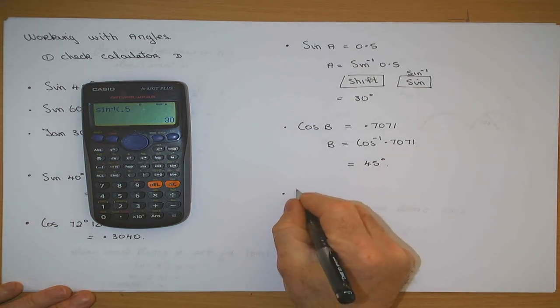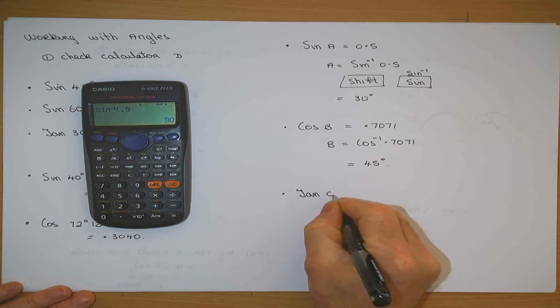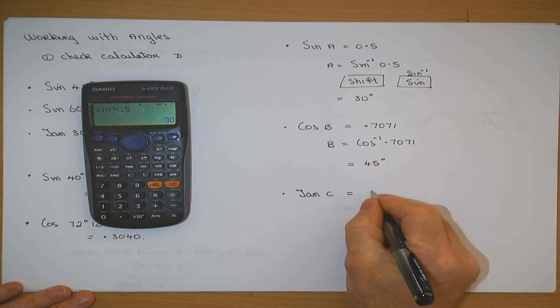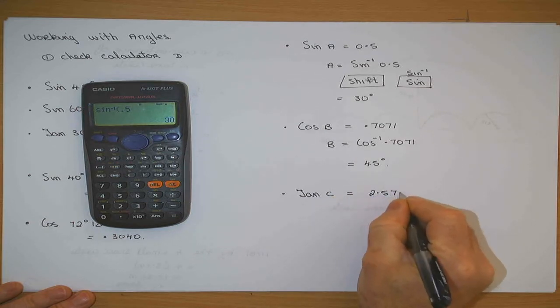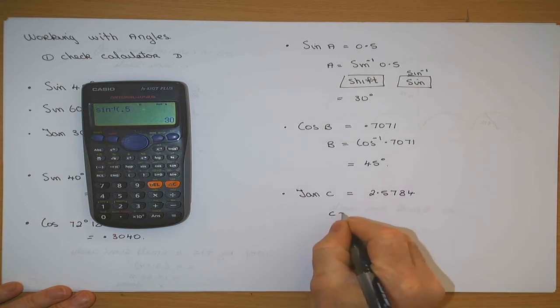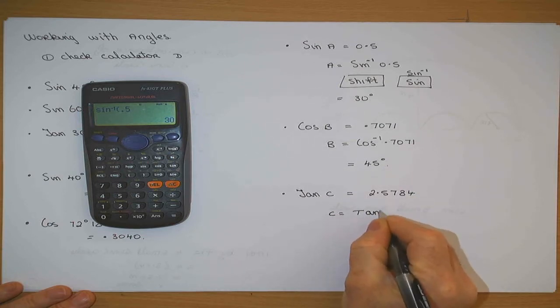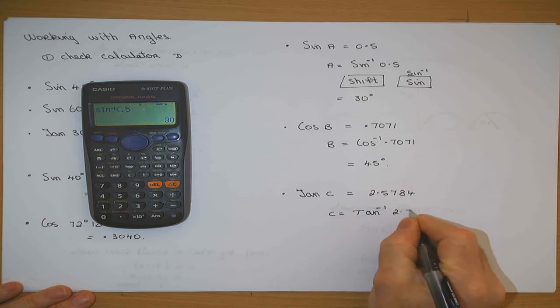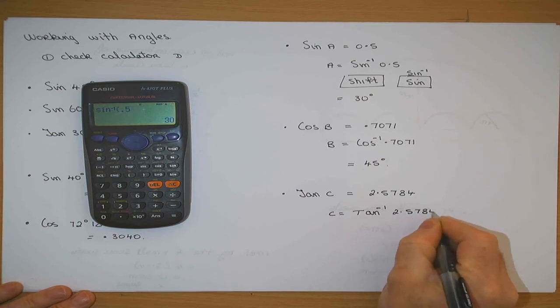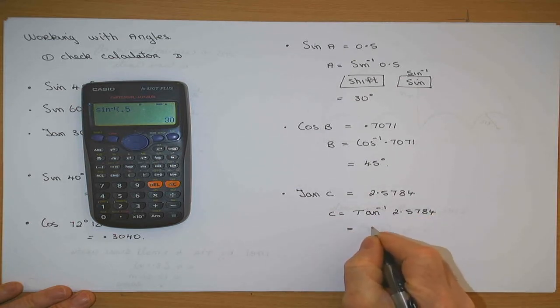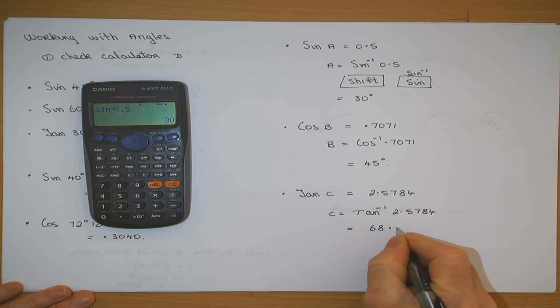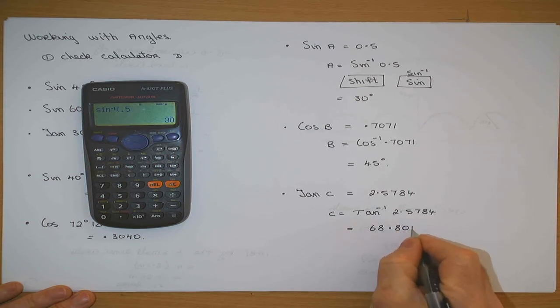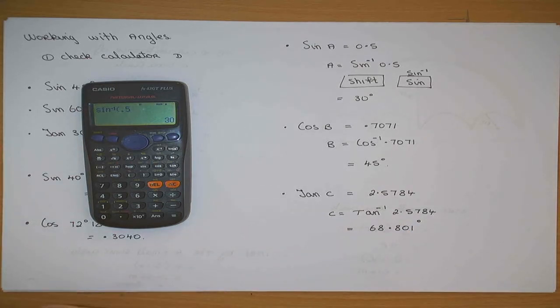If I said to you the tan of C is equal to 2.5784, you'd say C is equal to the tan inverse of 2.5784, which is 68.801 degrees. Yes?